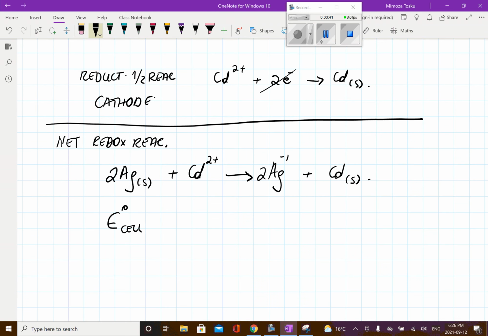That means that it is spontaneous. We talked about this even in the first lesson. So if you want to refer to that, please feel free.